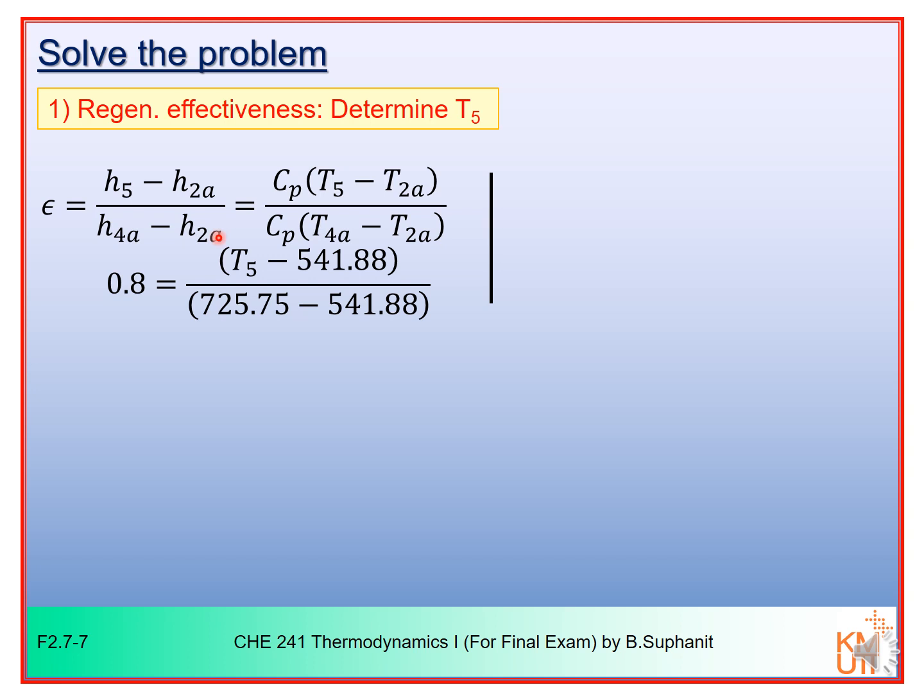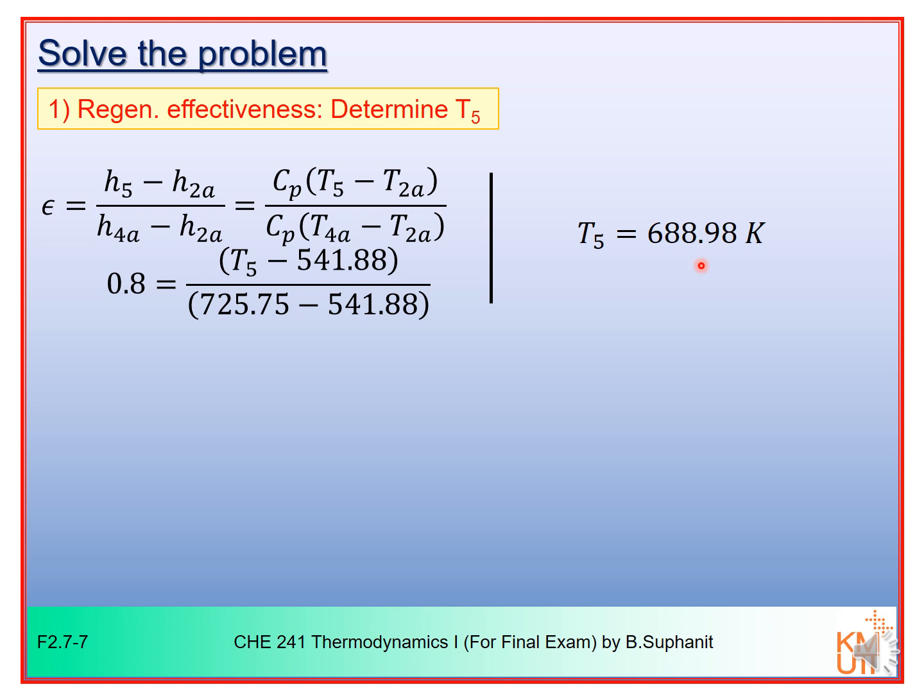When we substitute the term enthalpy change with Cp multiplied by delta T, we'll get Cp multiplied by T5 minus T2A divided by Cp multiplied by T4A minus T2A. From the cold air standard assumption, Cp could be cancelled out. Substituting all known values, which are effectiveness value, T4A and T2A, we can determine T5, which is 688.98 Kelvin.